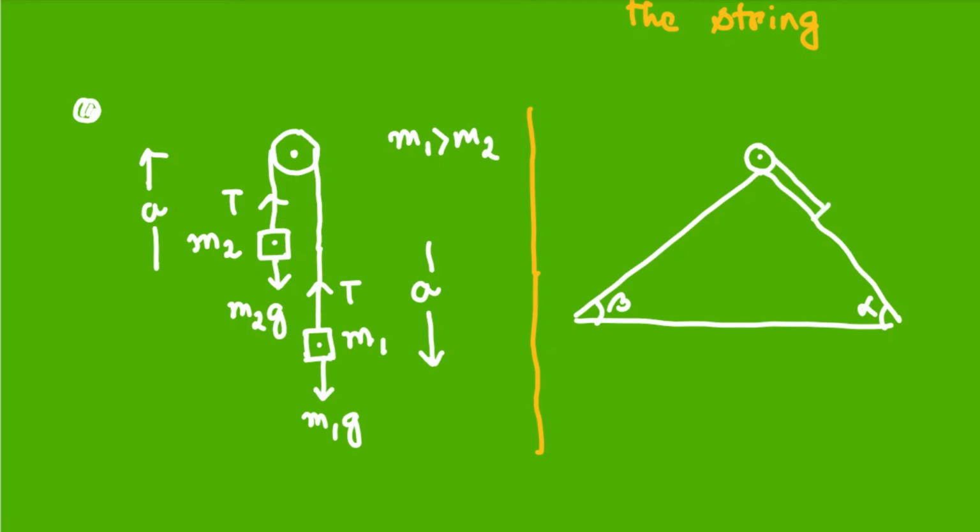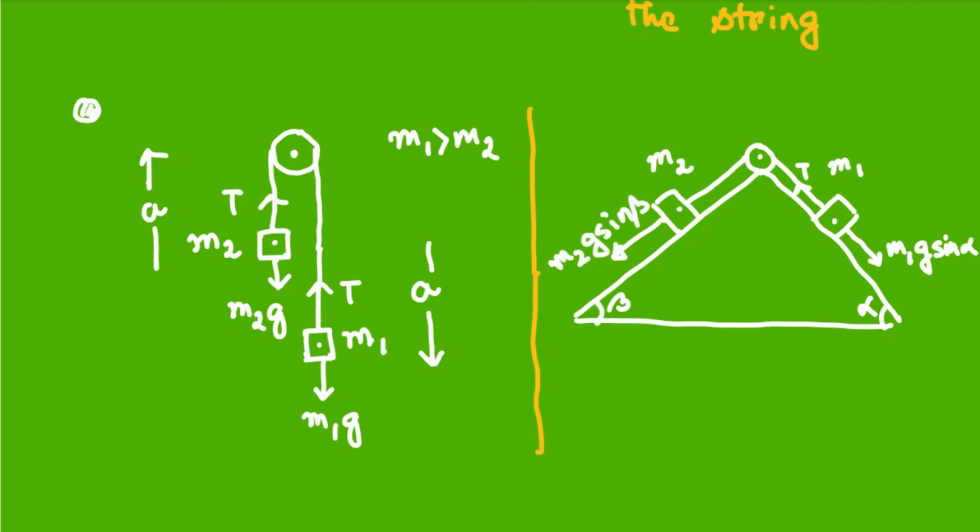Two bodies are connected by a string and that string is passing over a light and frictionless pulley. m1g sin alpha is the rectangular component of the body of mass m1 which is acting down the inclined plane, and T is the tension acting in the string, and m2g sin beta is the rectangular component which is acting parallel to the inclined plane, and T is the tension acting in the string.